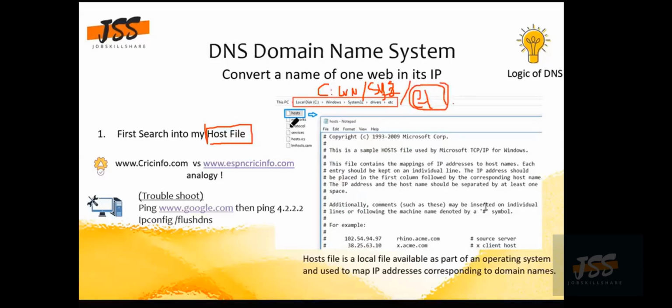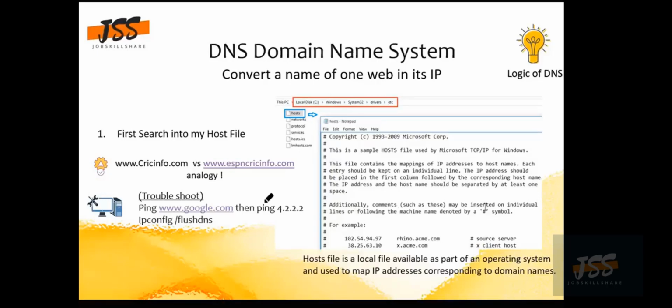Inside this folder, you will see this host file. You can right click and open it in Notepad, and you can see we have multiple addresses mapped to names. As you can see, the host file is a local file available as part of an operating system and used to map IP addresses to the corresponding domain names.